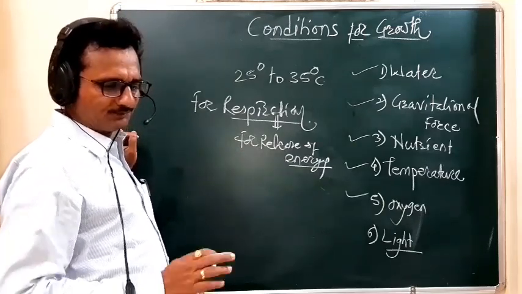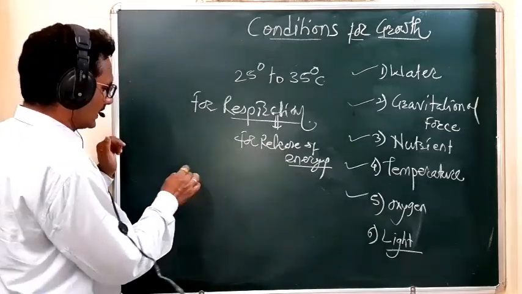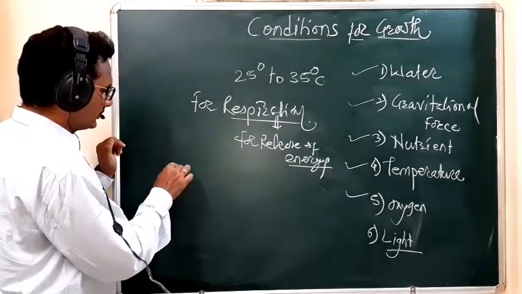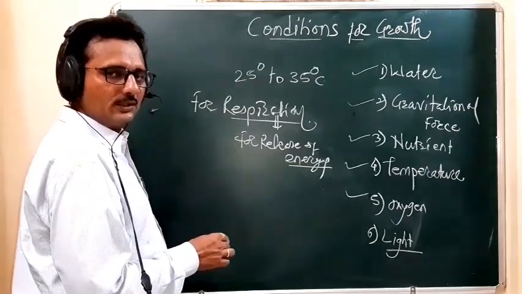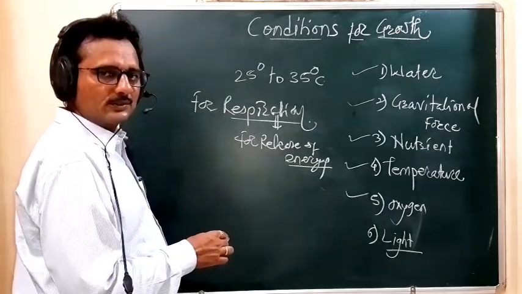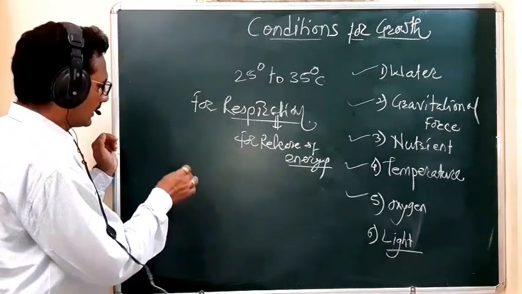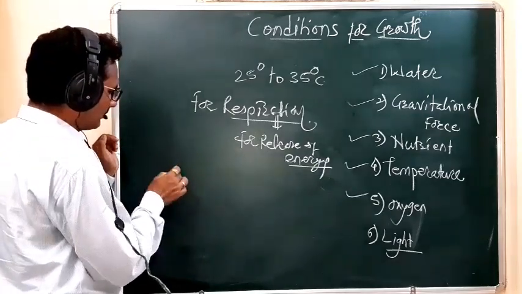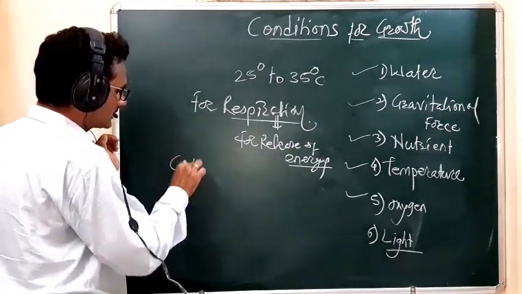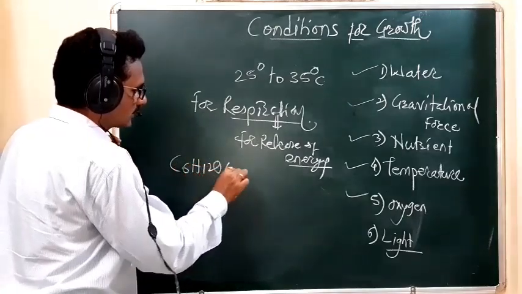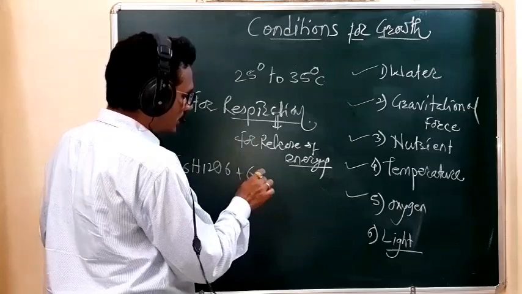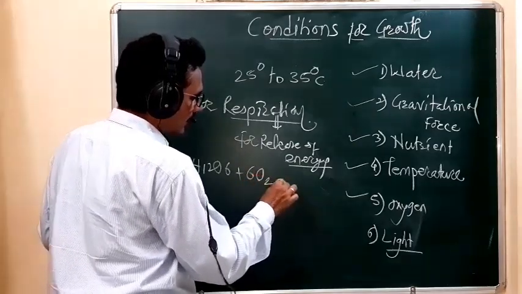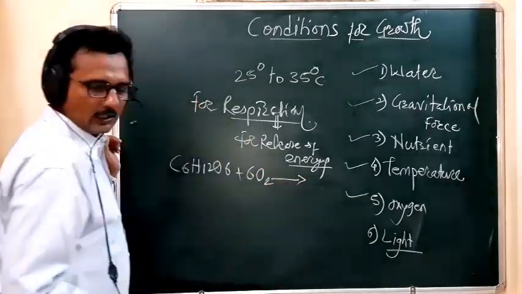Suppose I want to show you the respiration process, which you saw in 11th. What happens in respiration? Carbohydrate, C6H12O6, plus a requirement of oxygen, 6 molecules of oxygen. In the presence of that, what is formed?